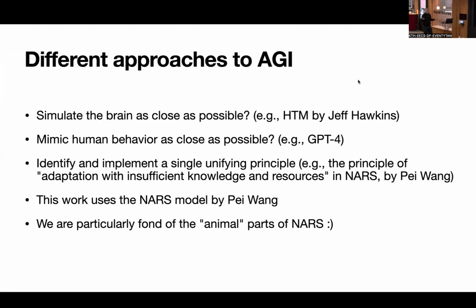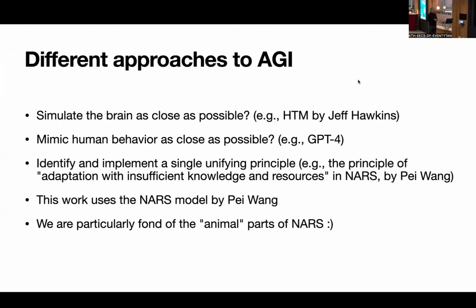So it doesn't have to do anything with brain states or something like that. NARS that we use is rather about identifying a single unifying principle. And as Patrick mentioned, in the case of NARS, that is the principle of adaptation with insufficient knowledge and resources. So that's another path or another way to build AGI that is not the same as GPT or not the same as HTM, for example.